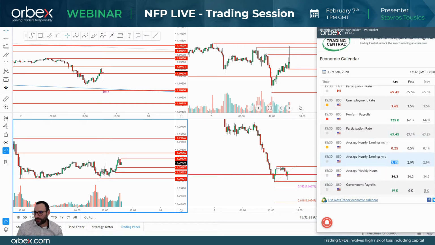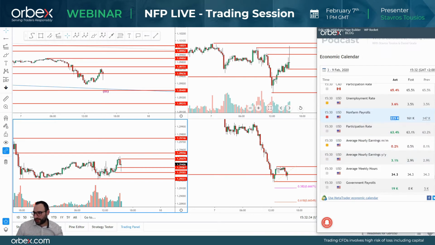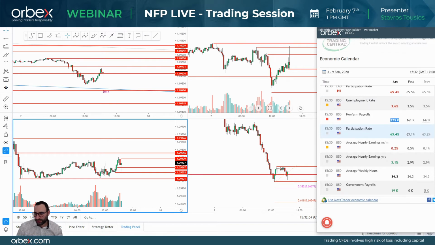These are very, very good numbers for this non-farm payroll. 225 is 64,000 jobs more than the expected figure, and nearly 80K above the previous number. So despite that, though, we don't see markets moving much, okay?